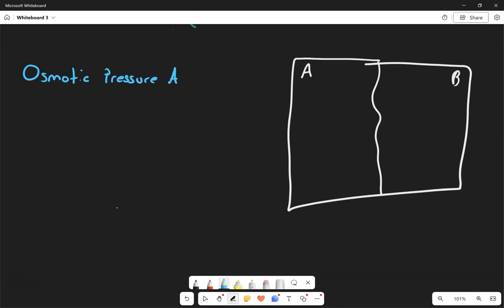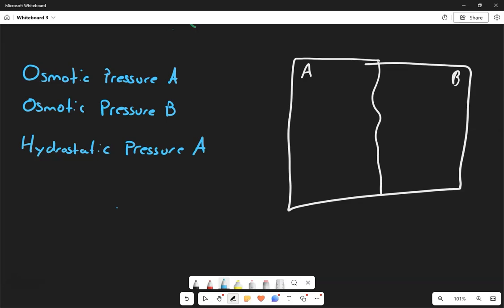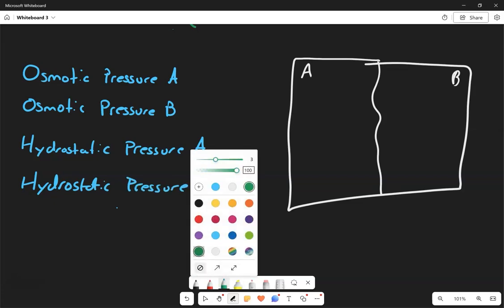There's an osmotic pressure of A. There's an osmotic pressure of B. But there's also a hydrostatic pressure of A and a hydrostatic pressure of B. What direction are these forces? Can you picture it? Let's draw it in green.